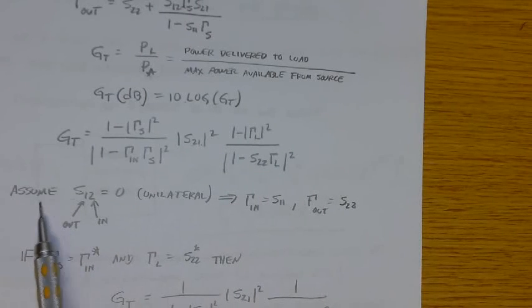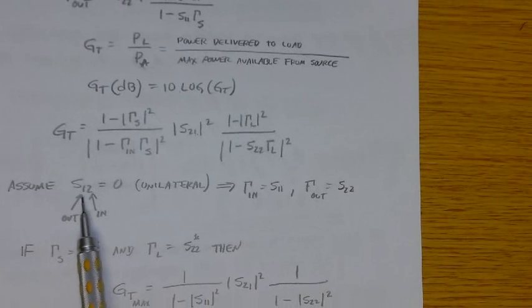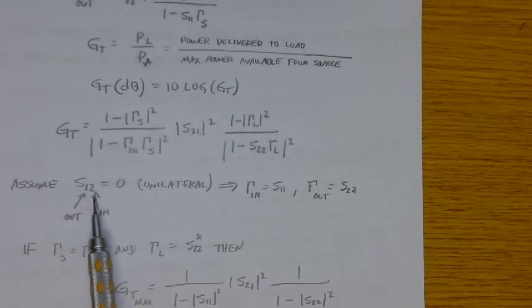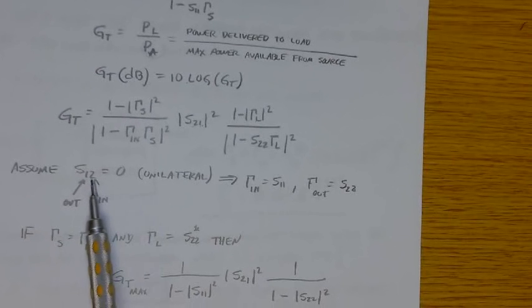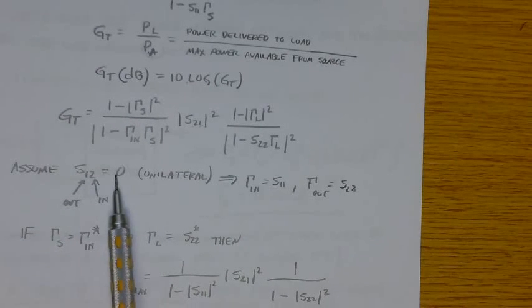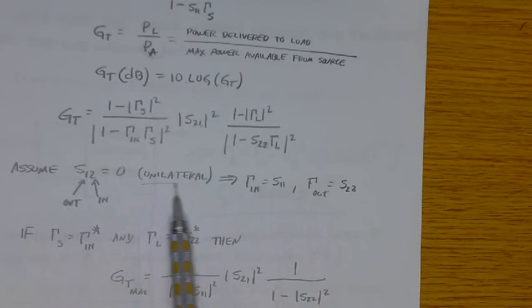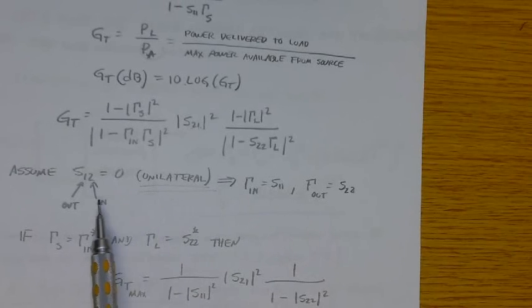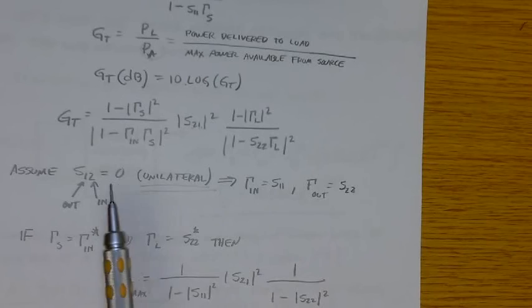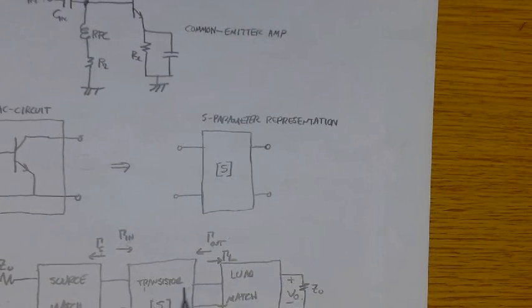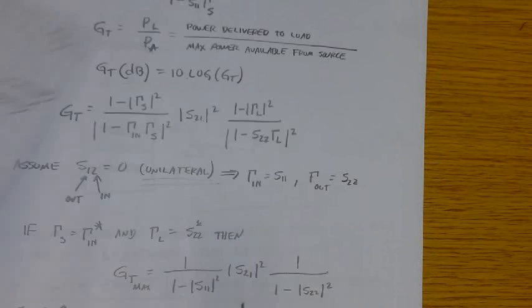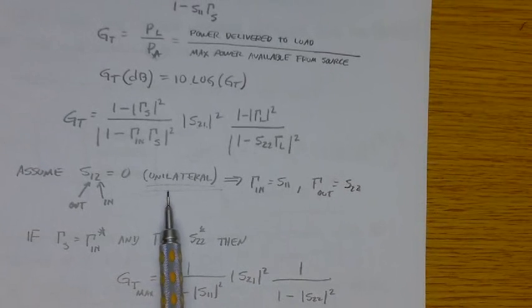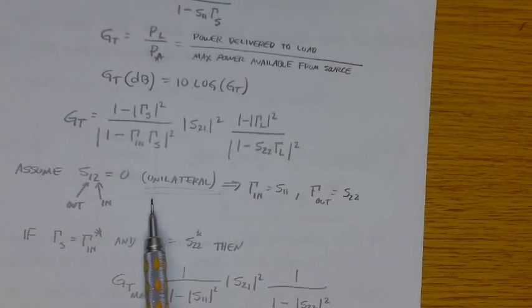But if we assume that S12, in at 2, out at 1, is 0, that's what we call a unilateral assumption, meaning that the transistor doesn't have any gain in the backward direction.